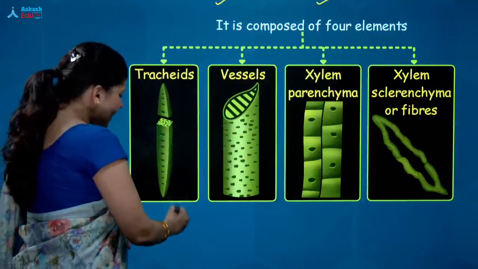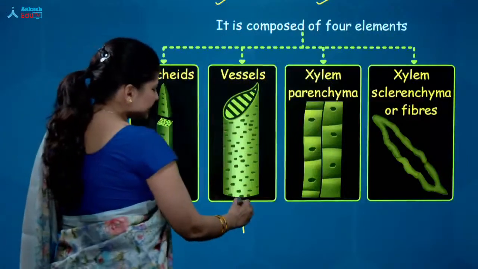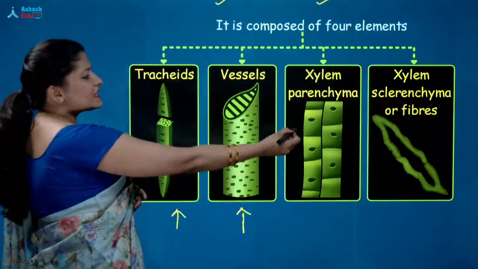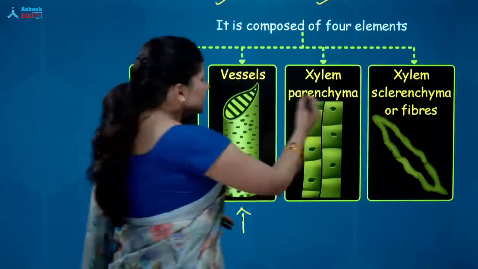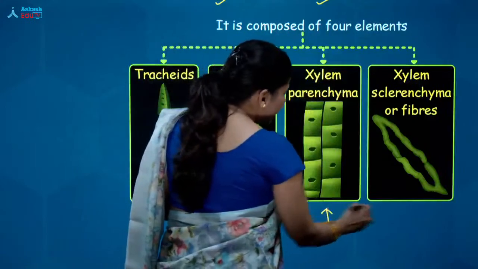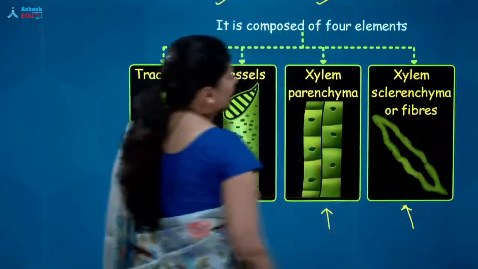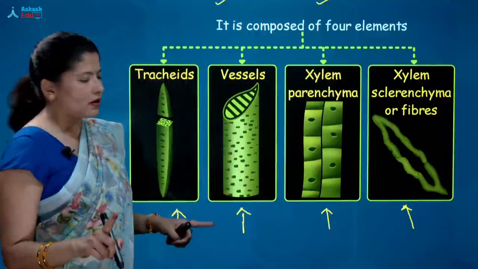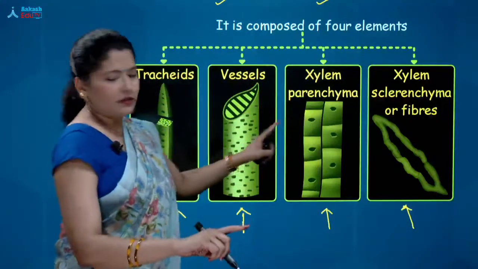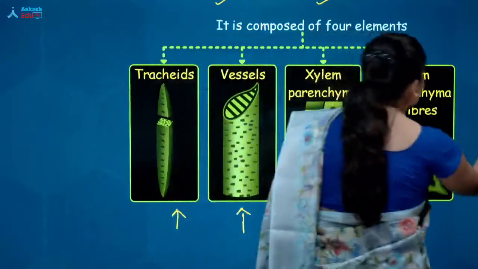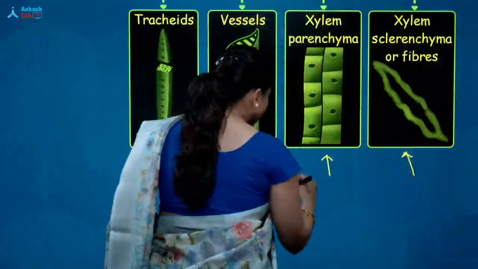These are the tracheids, vessels. You can easily see the structural differences between these cells. Xylem parenchyma and xylem sclerenchyma. Always remember, xylem parenchyma is the only living element.